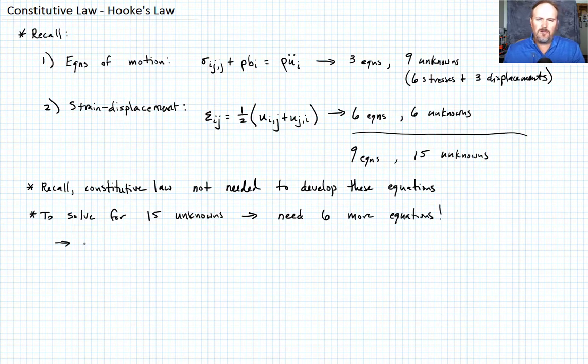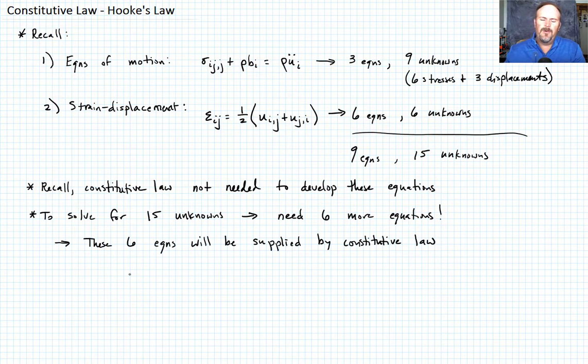These 6 equations are going to be supplied by our constitutive law. And remember, a constitutive law just says that sigma ij is related by some function, we'll just call it f, some function of epsilon ij. So it's a way to relate stress to strain.